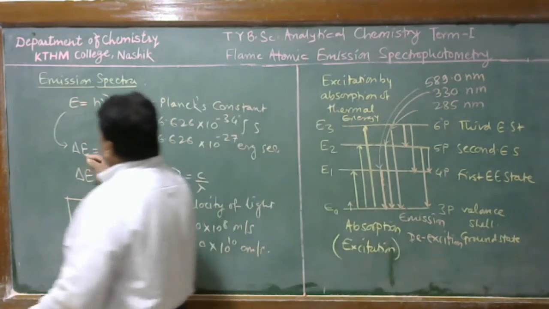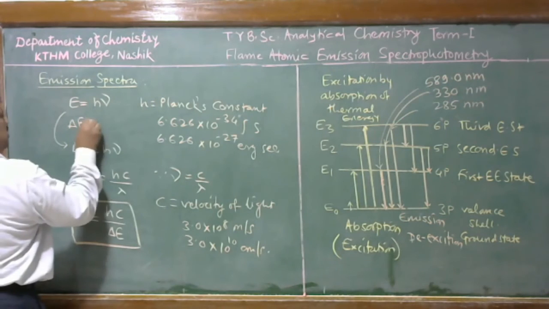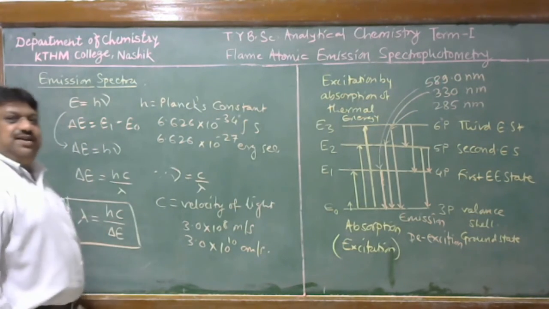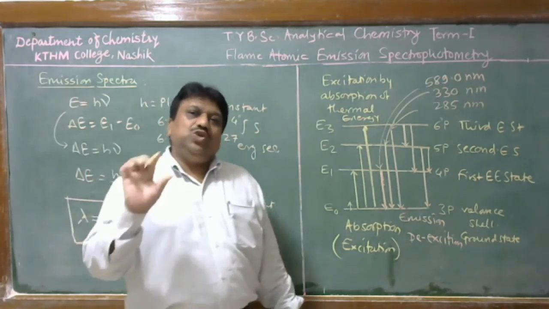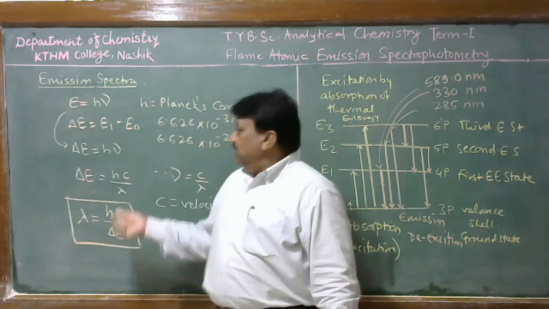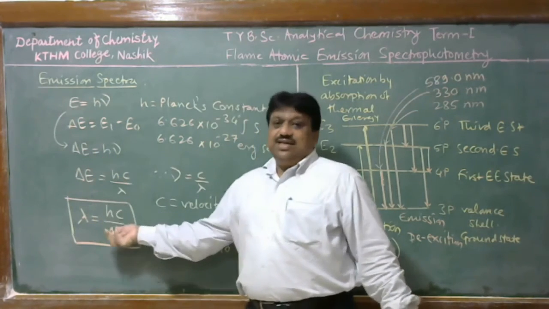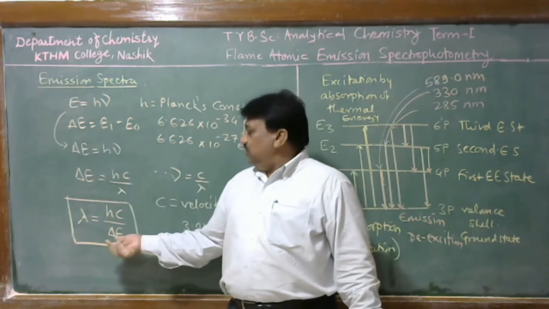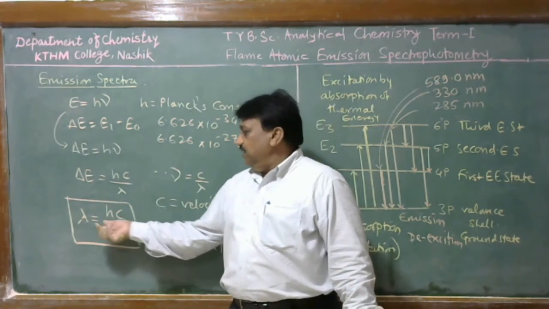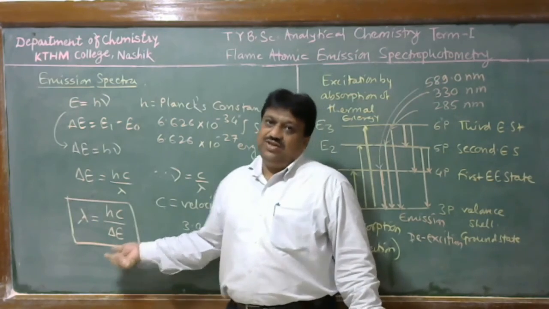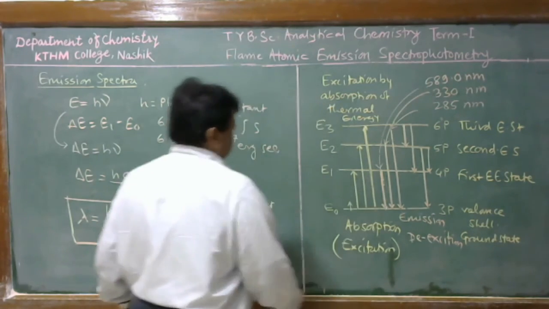Here delta E is equal to E1 minus E0. That means the energy gap between the two levels, excited state level and ground state level, is delta E. And this equation is utilized for determination of the wavelength of emission as well as the energy required for excitation.